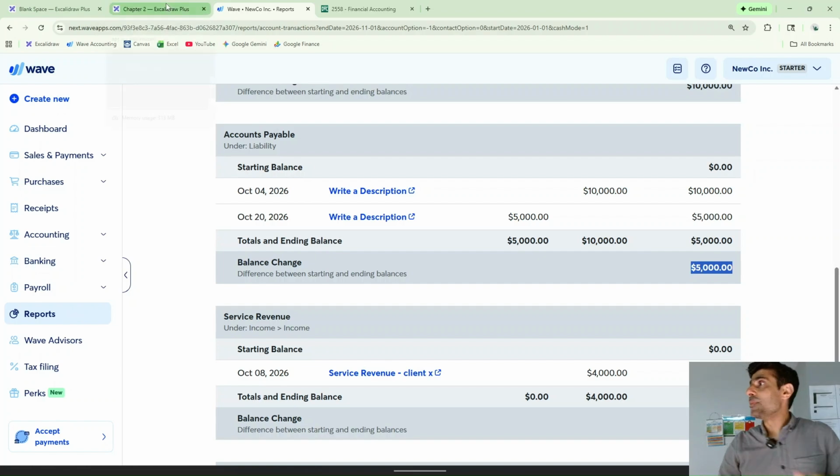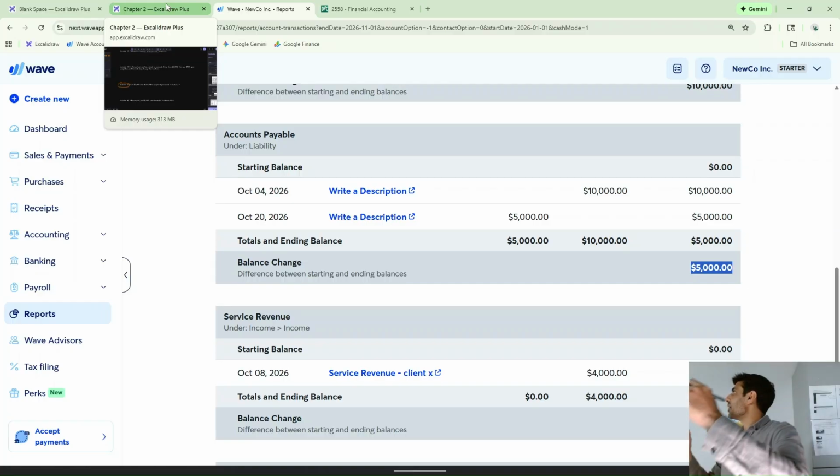But you have to do it right. You have to make sure you have two accounts involved, that your assets are debited when you increase them, credited when you decrease them. So you have to know the system in order for this to work. But if you do know the rules and you apply them consistently, your books will always balance.